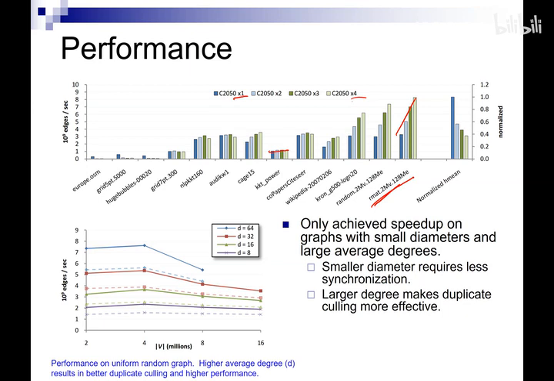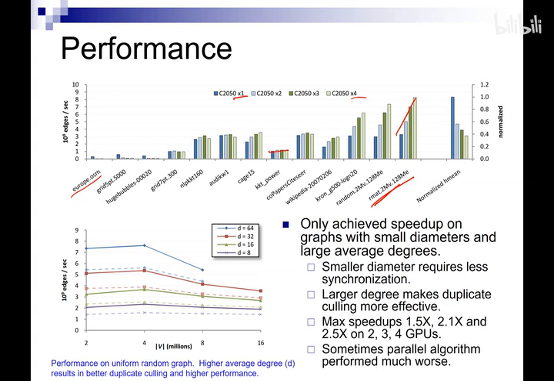You have one kernel per layer of your diameter, and for graphs like RMAT, you don't have too many layers, so not too much synchronization. But for the roadmap graph, you have like 20,000 layers, so you have to do this synchronization process like 20,000 times, and that's hugely expensive.